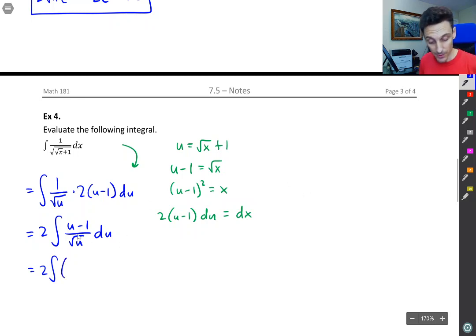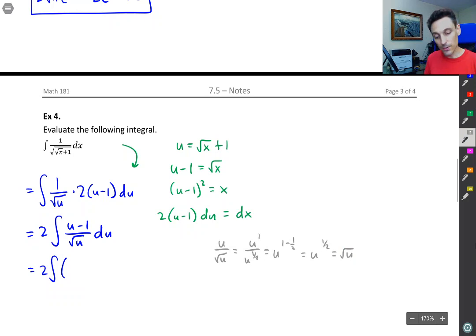And what we'll do is we'll just simplify as long as we're taking this step. So think about how u over the square root of u, what that simplifies to. Let me take a couple of steps on the right side here. U over the square root of u. Well, that's like u over u to the half, which is like u to the 1 over u to the half, which is u to the 1 minus a half, which is u to the half, which is the square root of u.